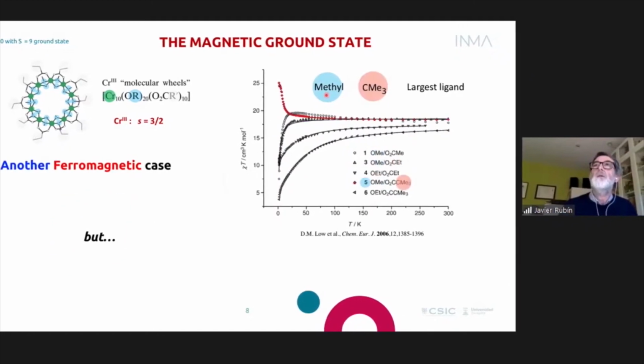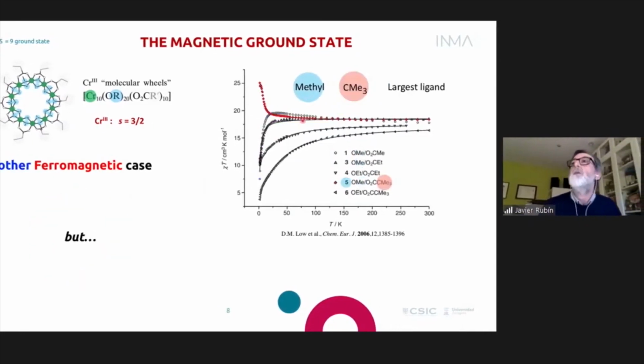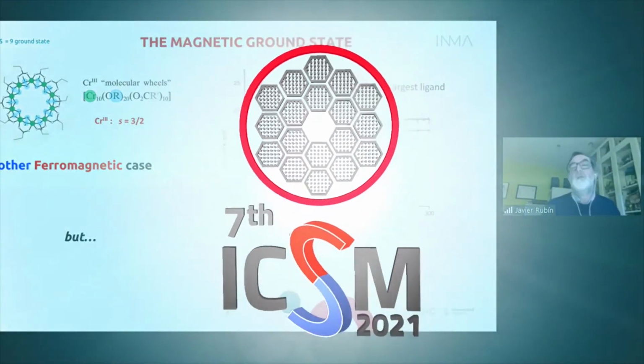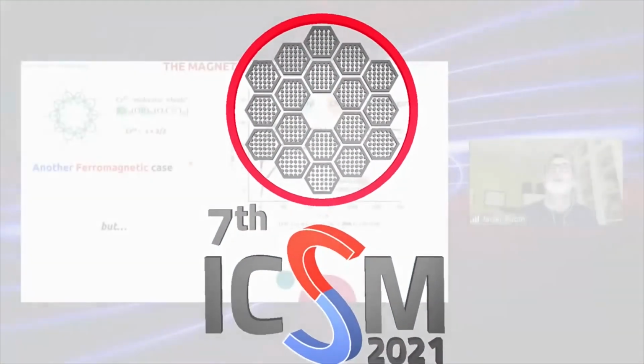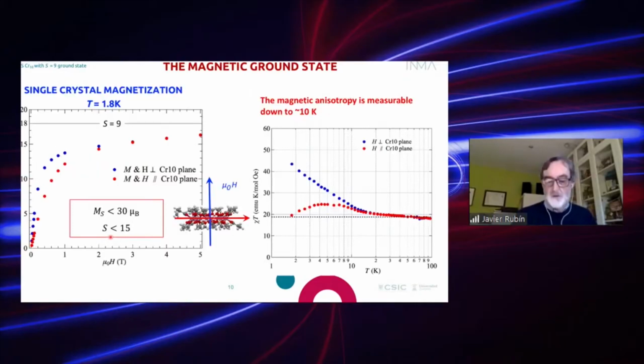And now, even with the methyl group that I have just shown as ferromagnetic, when we have these larger ligands, so that the ring is a little bit larger and the distance between molecules is also larger, what we have is a clear ferromagnetic interaction along the ring.